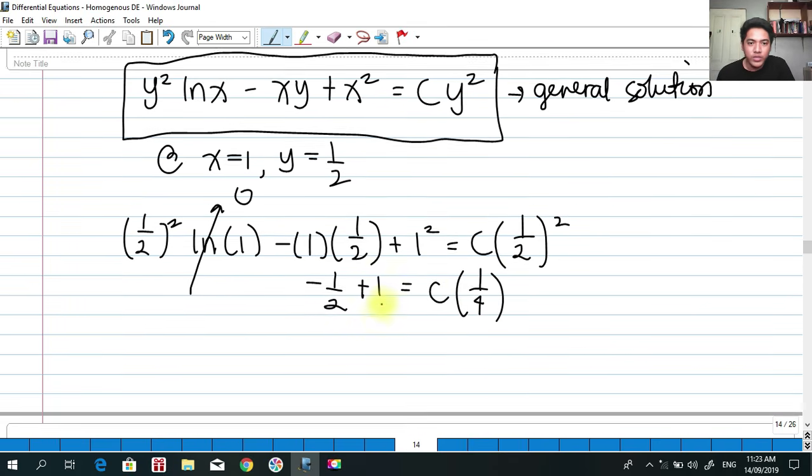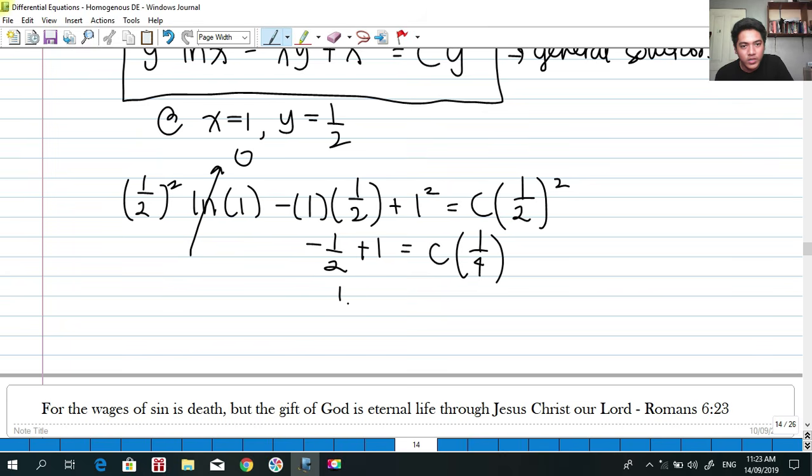So if we solve for c here, negative 1 half plus 1 is 1 half. And then we have c over 4. If we solve for c, cross multiply, we have 4 over 2, that is 2.